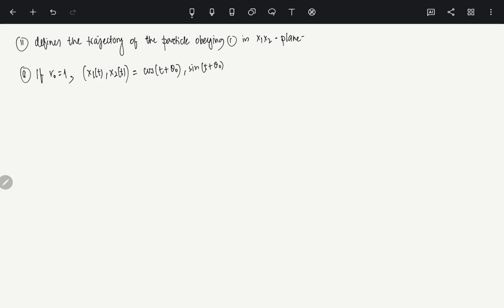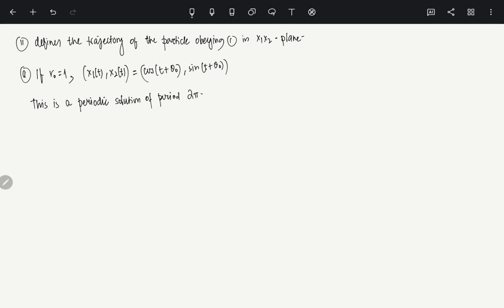Is it okay? And you do realize that this is nothing but a periodic solution of period 2 pi.